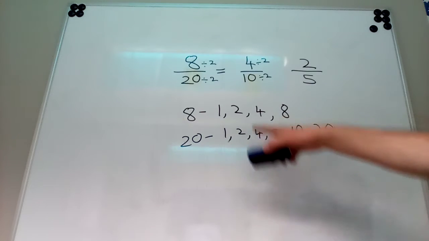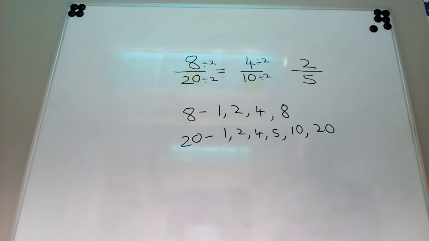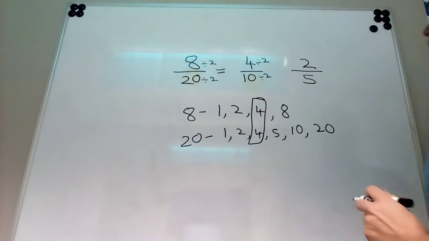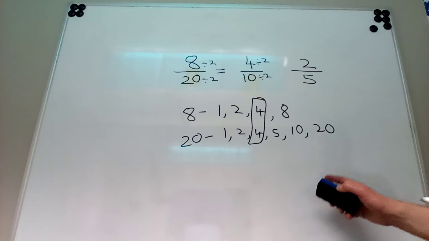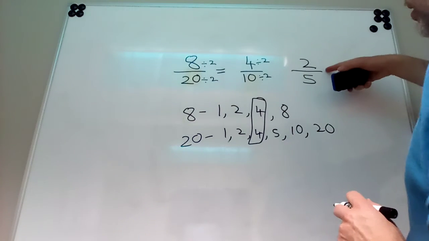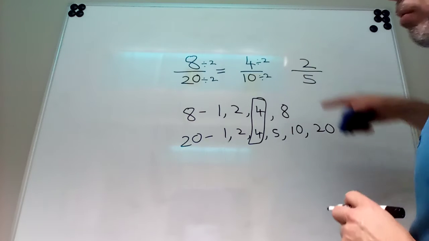So we would look at this and ask, what's our greatest common factor between these two? The greatest common factor would be 4. If we would have divided by 4 to start with, we would have got straight to this number and skipped the middle step.